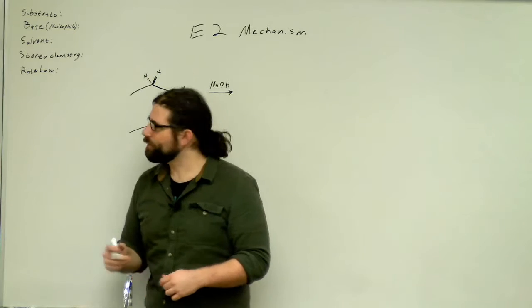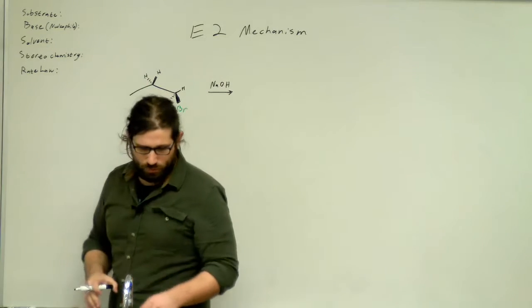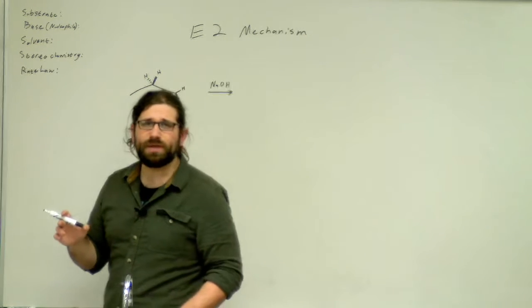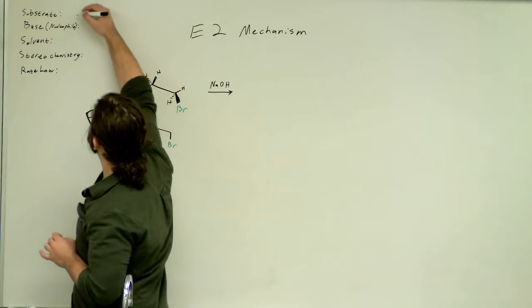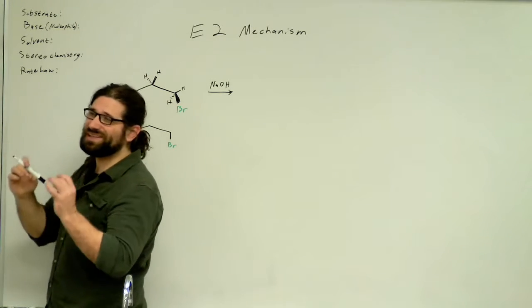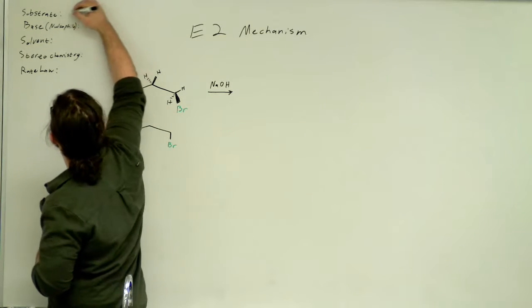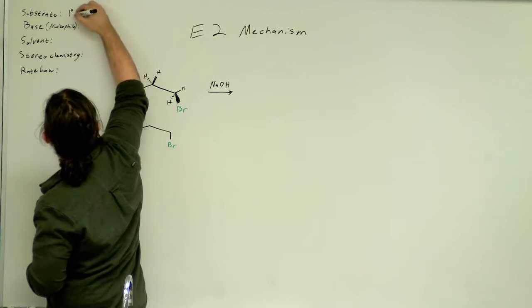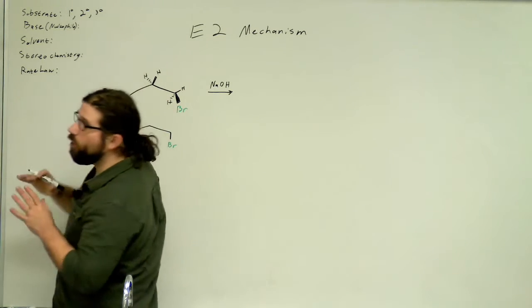and we're going to have a barrier for the E2 as well. So first off, as far as substrates go, the E2 reaction is going to be able to occur with pretty much any substrate. It doesn't matter how substituted it is. Where the SN2 really needed that primary or secondary substrate, for the E2 mechanism, 1 degree, 2 degree, 3 degree are all okay.